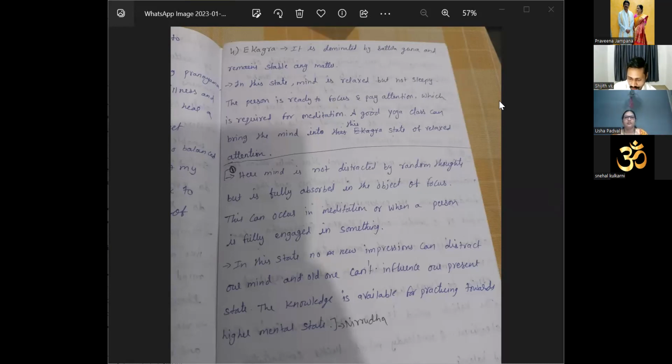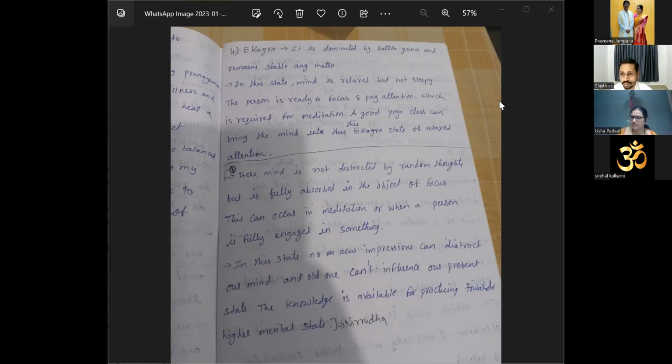It is dominated by Sattva Guna and remains stable in any matter. It is a stable mind. What we said, Sattva Guna means stable. We have focus. In this state, the mind is relaxed but not sleepy.